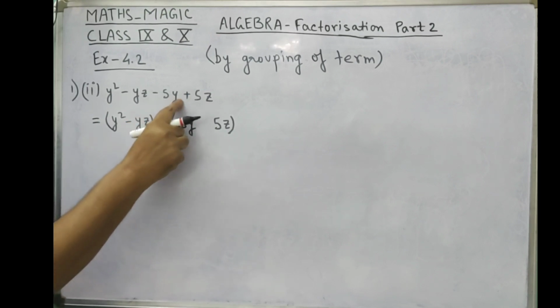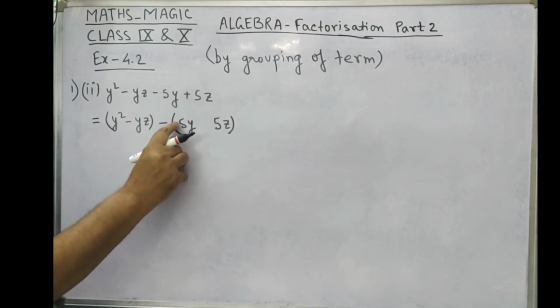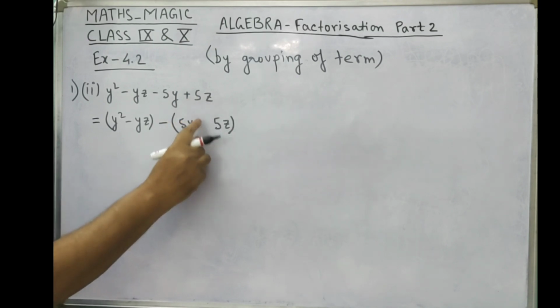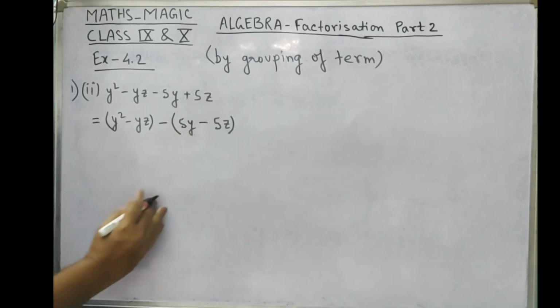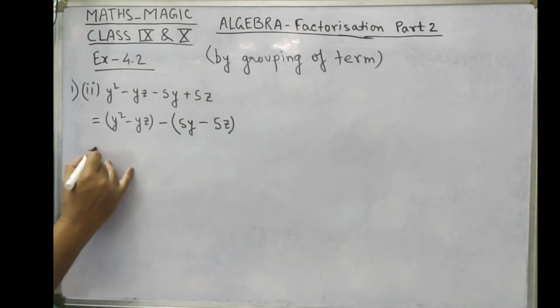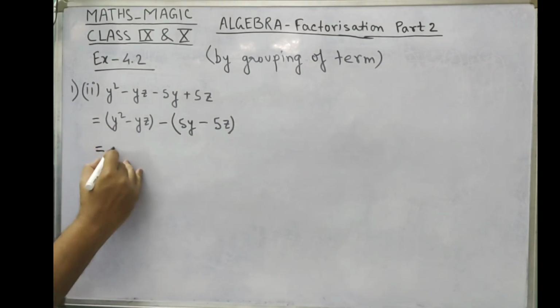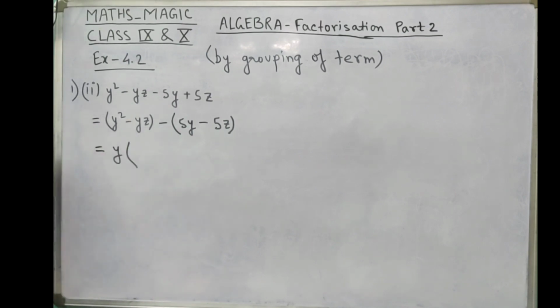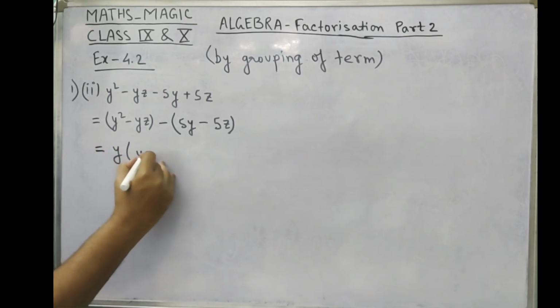So this was minus 5y, so this will change to plus, and this was plus 5z, this will change to minus 5z. Okay. Now individually I will work for them. So here I have y common, I will take out the y, so I am left with y minus z.